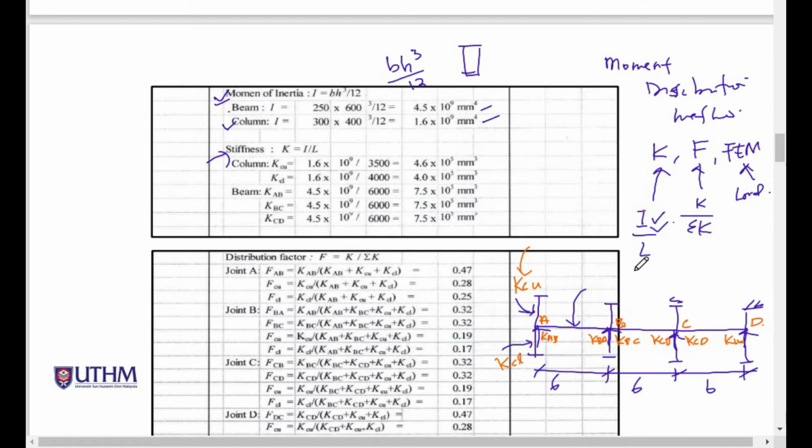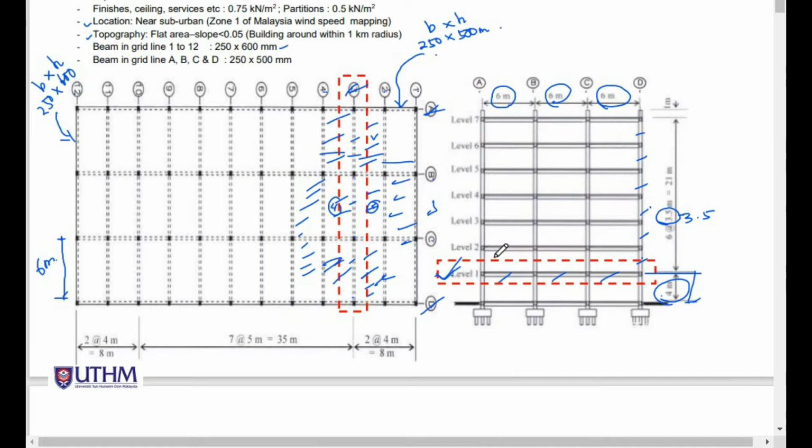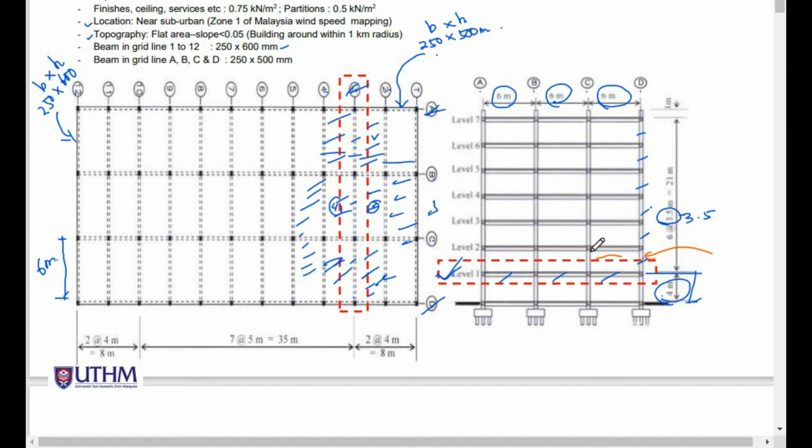So KCU is I divided by L. KCU is the upper, so the column moment of inertia is 1.6, and 1.6 divided by L, where L is equal to 3.5. So this is the upper column, from here to here.